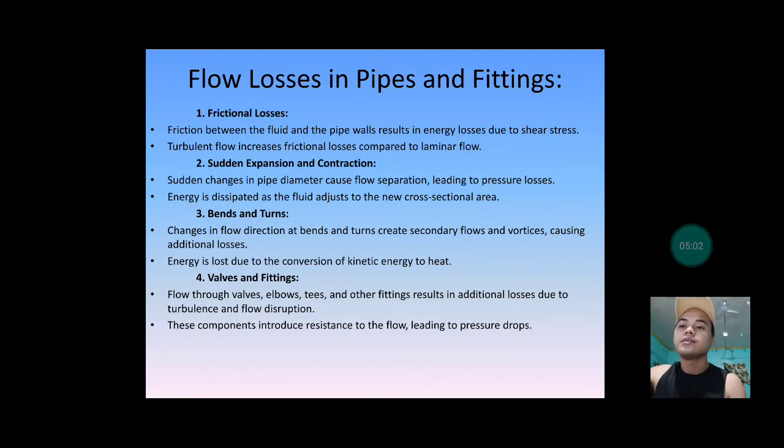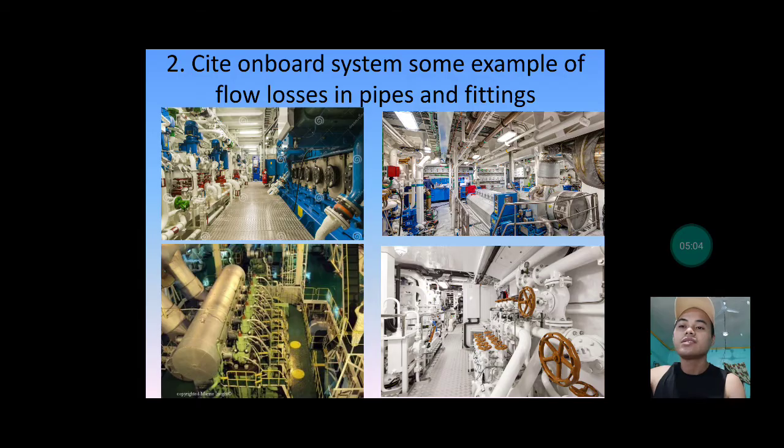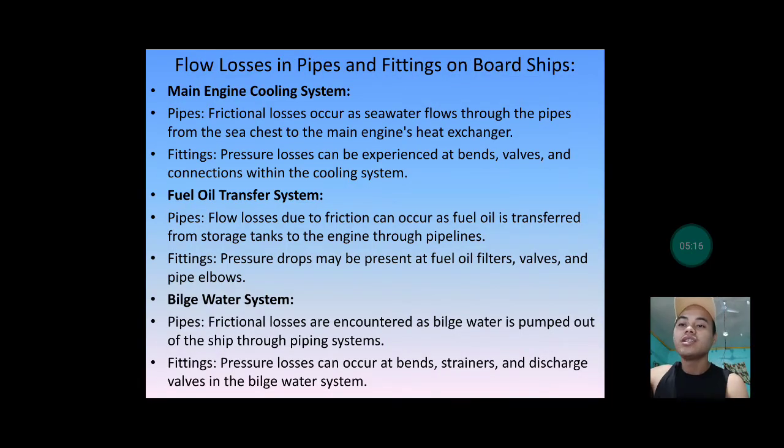Okay. Next, cite onboard system examples of flow losses in pipes and fittings. Almost all systems have flow losses. First, in the main engine cooling system, frictional losses occur in the pipes as seawater flows through the pipes to the sea chest. The sea chest is also kind of a strainer.